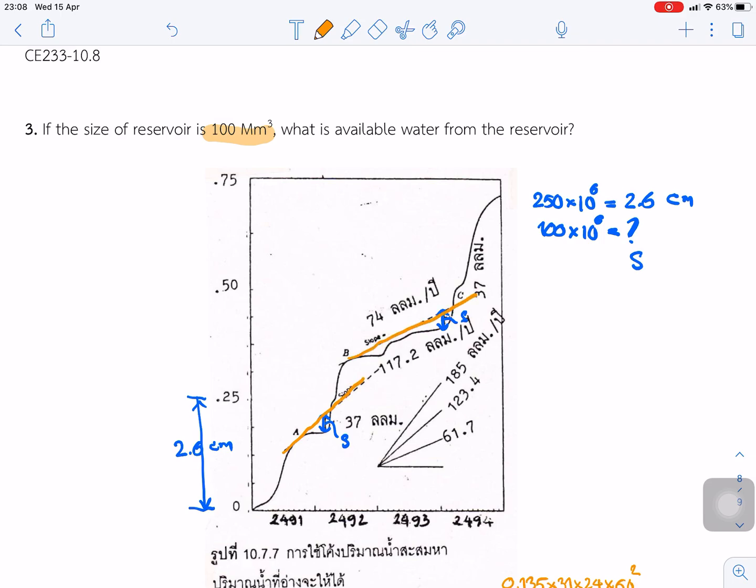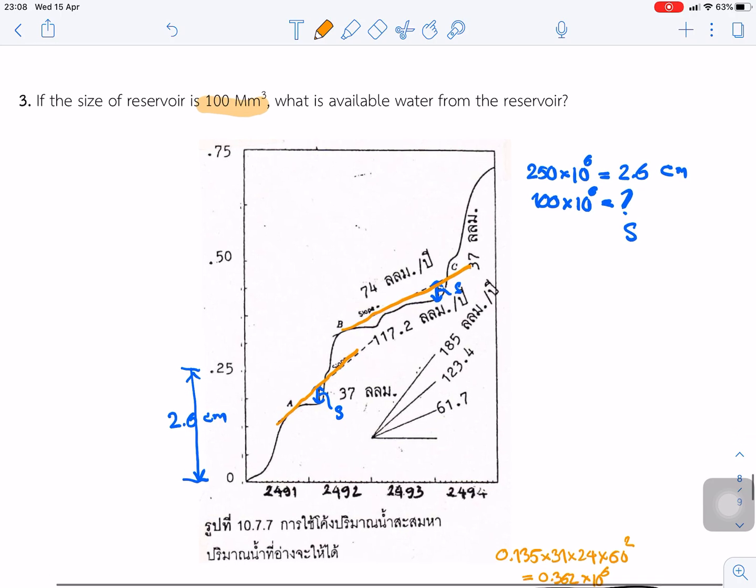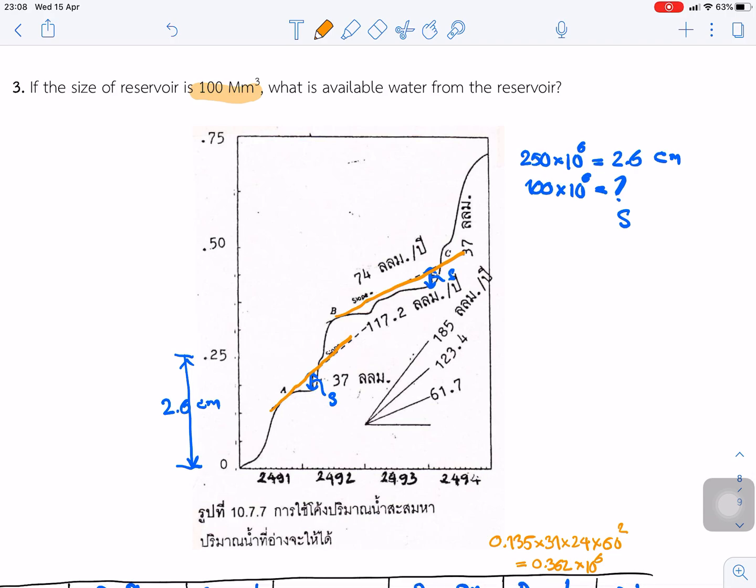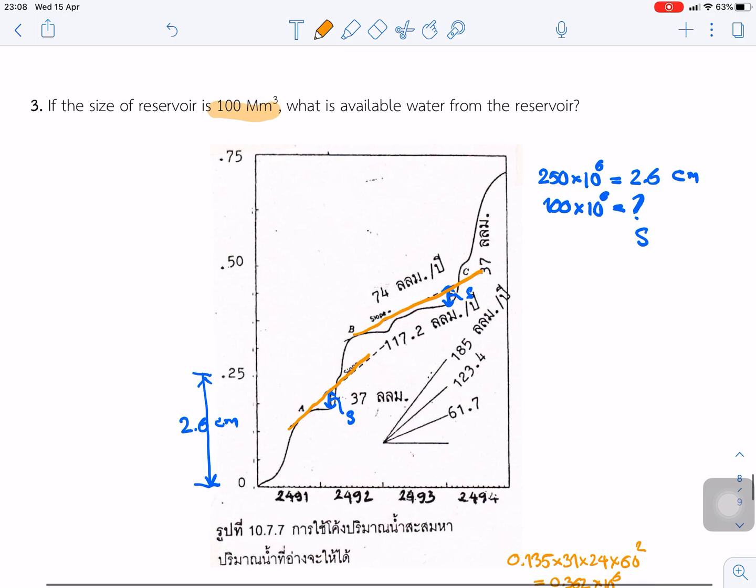Okay, and you can compare the two slope and find which one is smaller should be the available water. Okay, you can find by yourself what is the available water from this reservoir if the size reservoir is fixed to 10 million cubic meter.